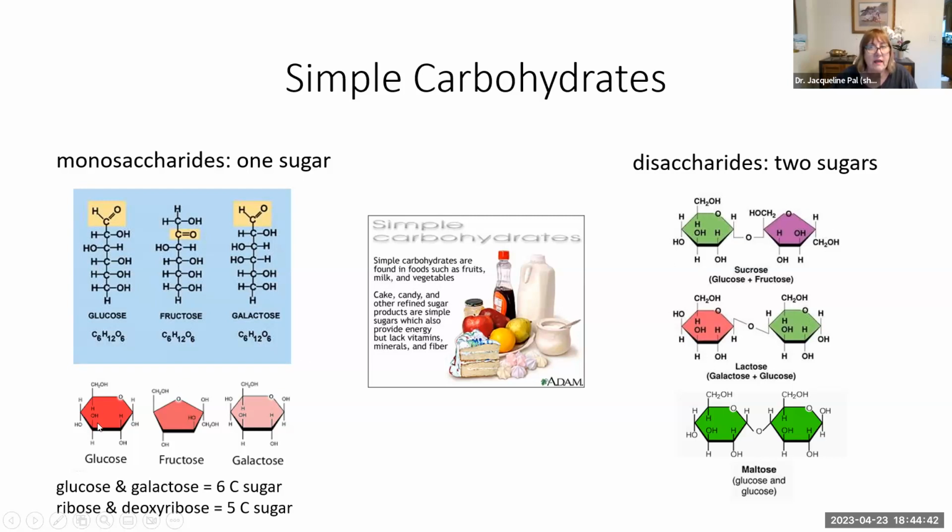If we take a glucose and add it to the other 6-carbon monosaccharide, galactose, that gives us lactose, the milk sugar. If we put 2 glucoses together, that gives us maltose, as in malted milk or malt, as in some malted alcoholic beverages.